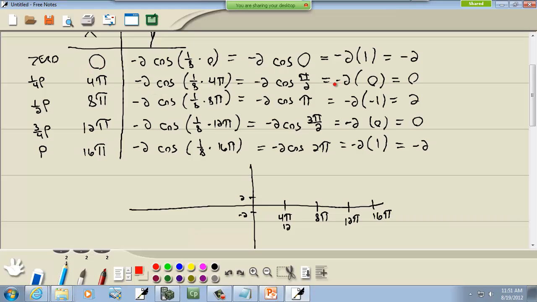Well, first point here is 0, negative 2. Next one is 4 pi, 0, which is right there. Next one is 8 pi, 2, which is right there. 12 pi, 0, which is right there. 16 pi, negative 2, which would be right there. So I wanted some curve to it.